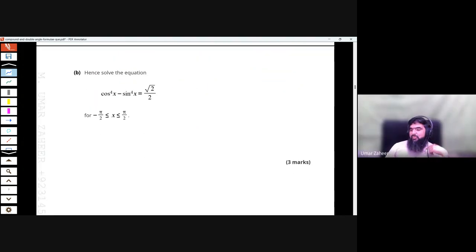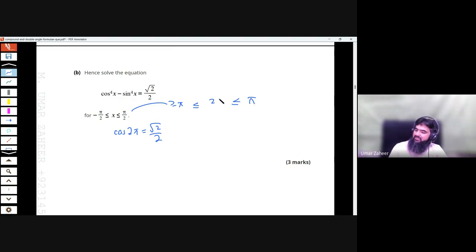Okay, hence solve the equation cos to the power 4 x minus sine to the power 4 x is equal to root 2 over 2. You already proved that this value is equal to cos of 2x, which is equal to root 2 over 2. So it's basically a trigonometric equation that you need to solve, and the angle 2x is in the range minus pi to pi.